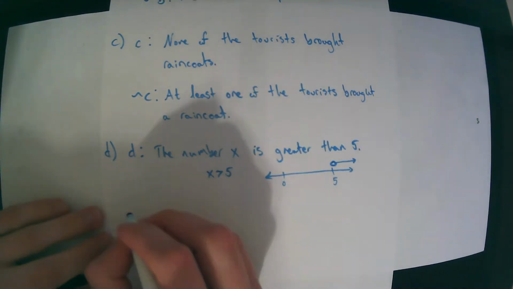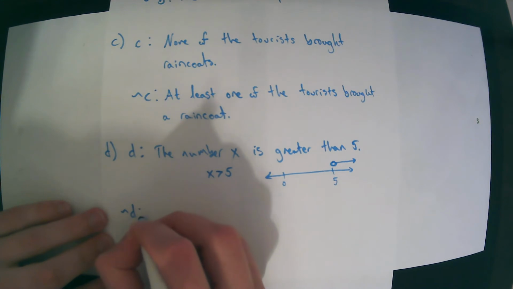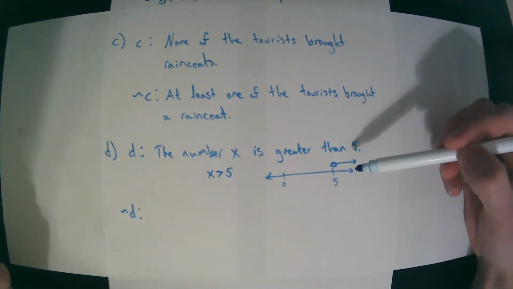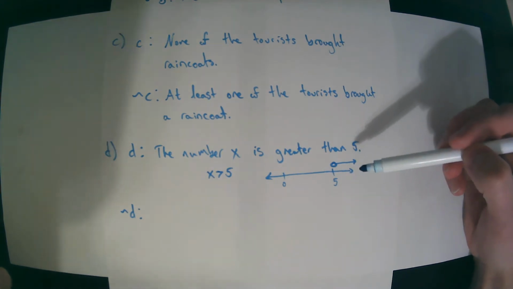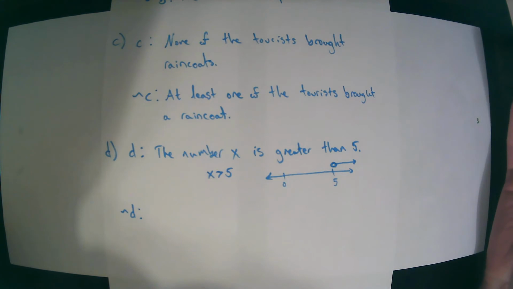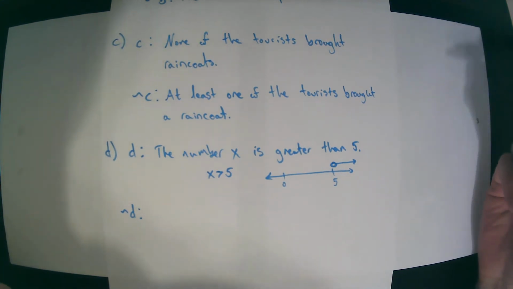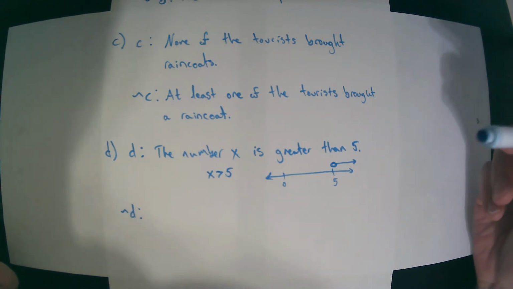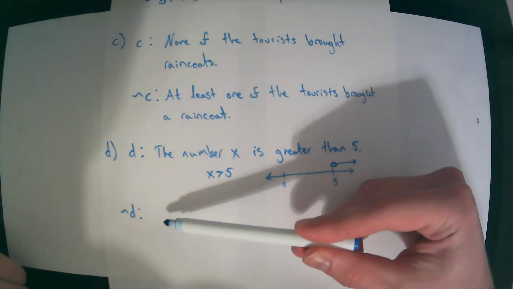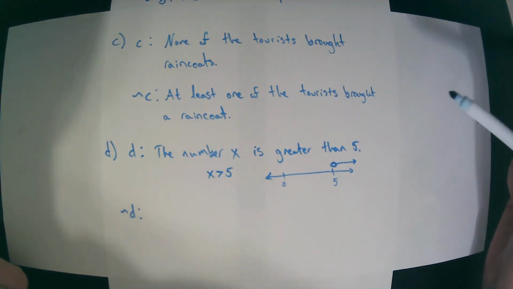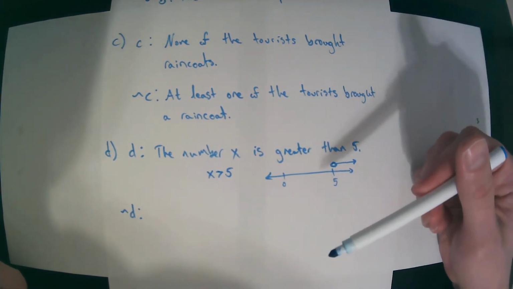So what is the logical opposite to this statement? So there are lots of numbers that are bigger than 5, right? Like 6 and like 10,000. Infinitely many numbers that are bigger than 5. So would it be appropriate then to just say, for my negation, the number x is equal to 0, because that number is less than 5?